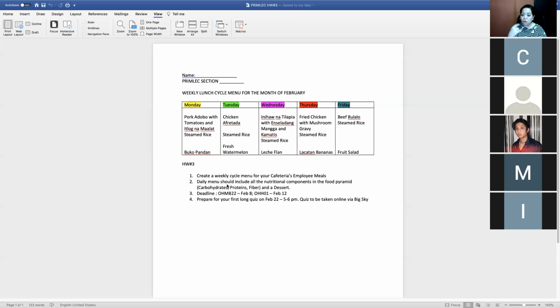So please make sure that you prepare these kinds of meal pairings, so that you could also have all the complete proteins in a week. This is an example of a weekly cycle menu, meaning on Monday next week, let's just say today's February 1, on February 8 next week, I will have the same menu.